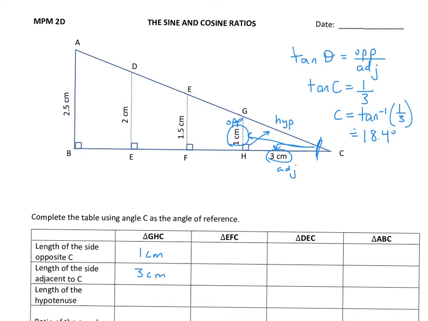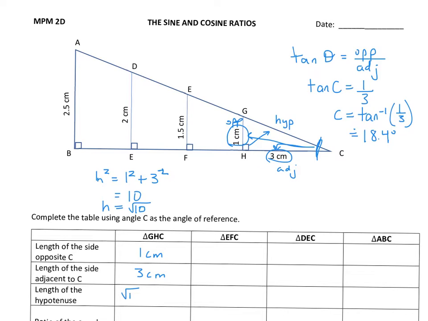So my hypotenuse squared would equal the sum of the squares of the lengths of the other two sides. So that's going to end up equaling, that's a 2 there by the way, 1 plus 9 is 10, so h would equal the square root of 10, and we only need the positive square root because it is a length.